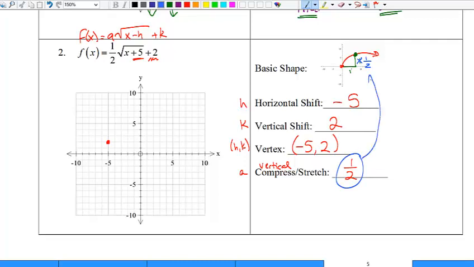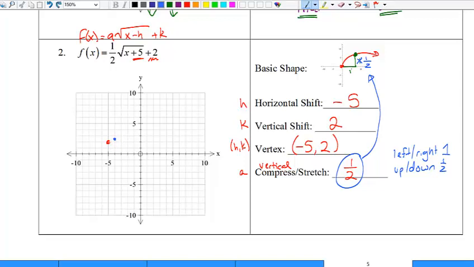Well, because my compress and stretch is 1/2. To be clear, I'm going left and right 1, because I always go left and right 1, and I go up or down a half. In this case, there's only one key point, so I'm actually only going to be going right 1, and going up a half. Right 1 and up a half will be right here.